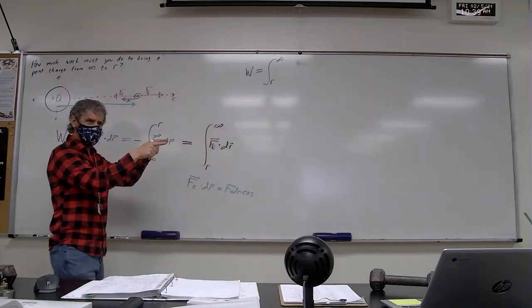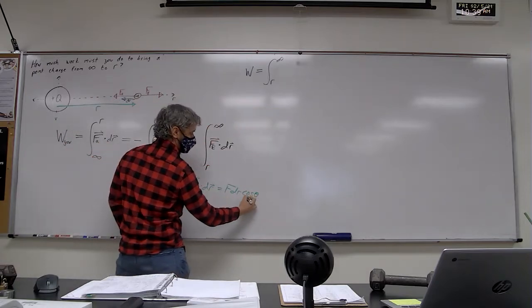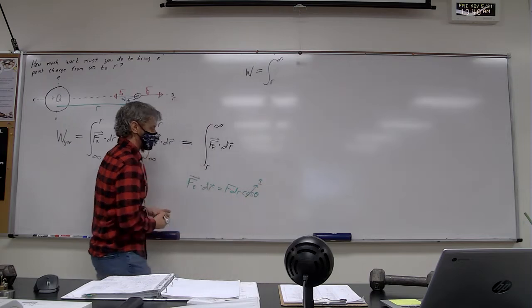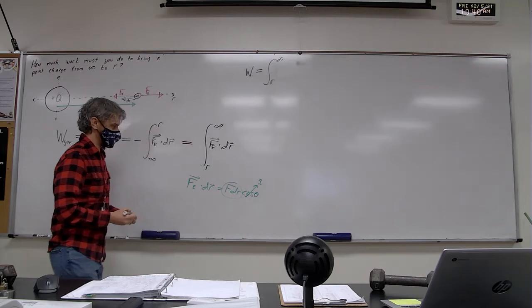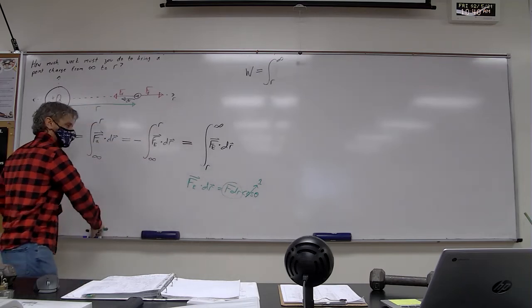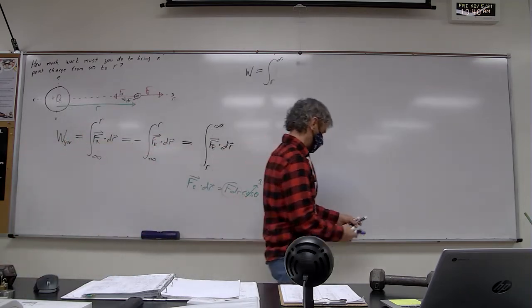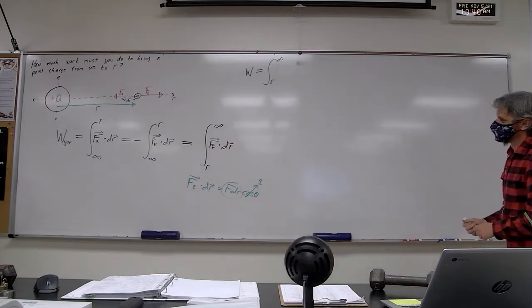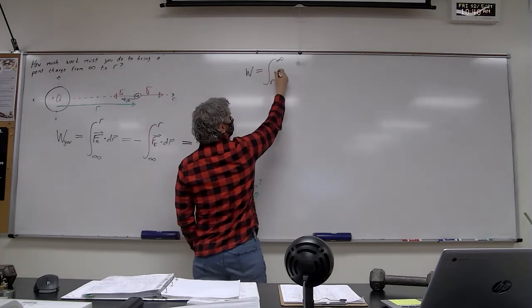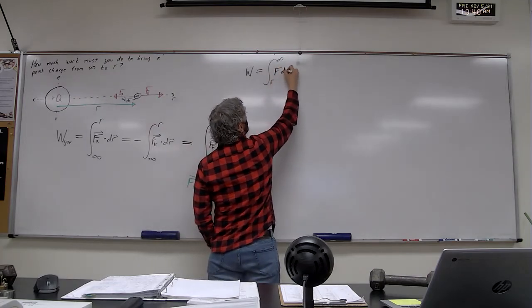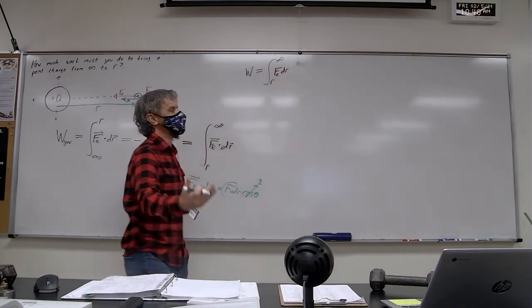So the angle between them is 0, so the cosine is just 1. So Fe dot dr is simply F dr. So this integral becomes just the integral from r to infinity of F_E dr.